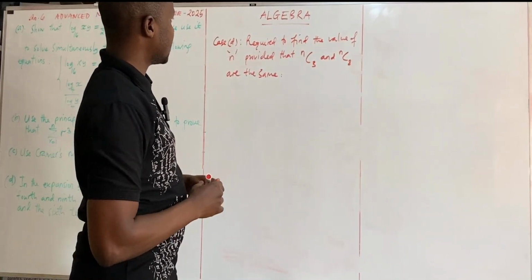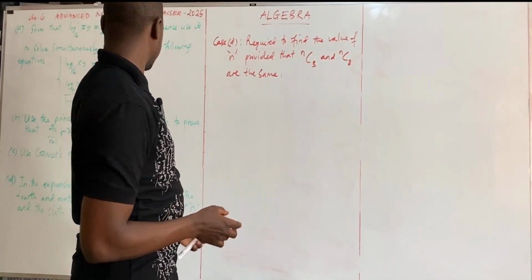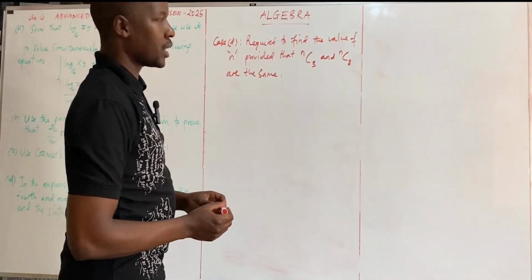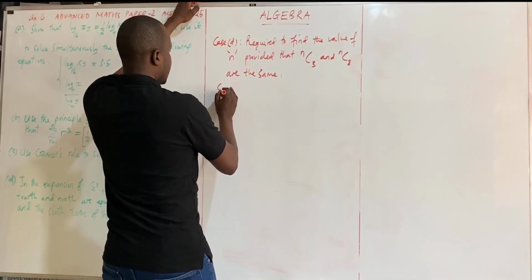If the coefficients of these terms in the binomial expansion are the same, then n is very simple to find.